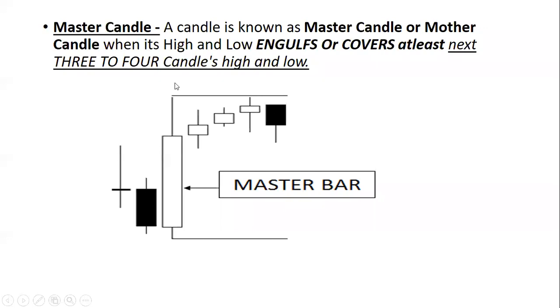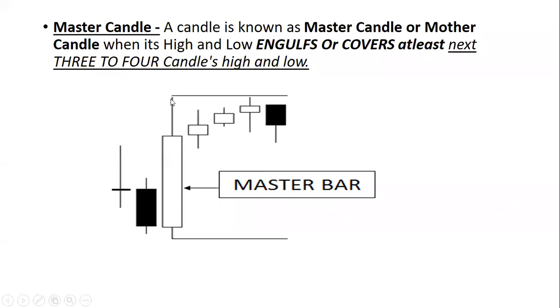So remember, in order to call this candle a mother candle or master candle, minimum, the next 3 baby candles must fall inside this candle. Then only we will say yes, this is a master candle or mother candle. Now when we are trading Nifty or Bank Nifty in the live market, we want the very first candle as a master candle. This is the strict rule you have to follow.